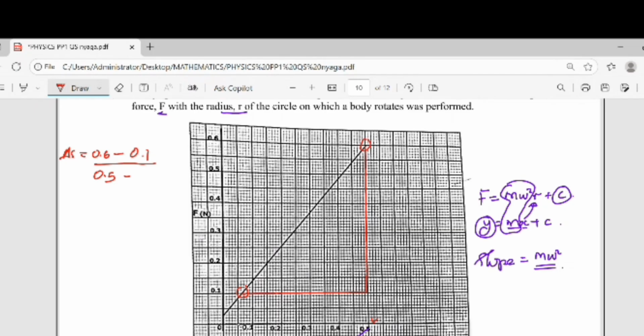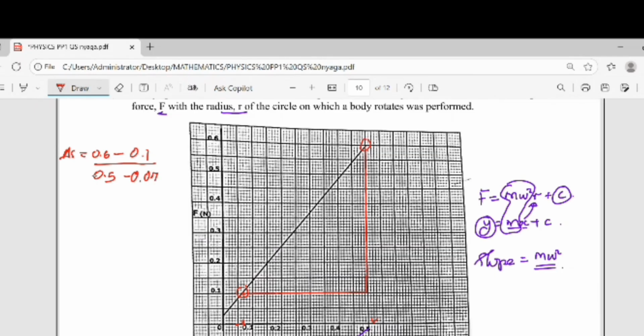This is 0.5 here. Sorry, 0.05. Then we shall be at the second point. If it is very clear, then we shall be at the second point here, and this will be this part now. This will be 0.07 from the scale that we are having over there.